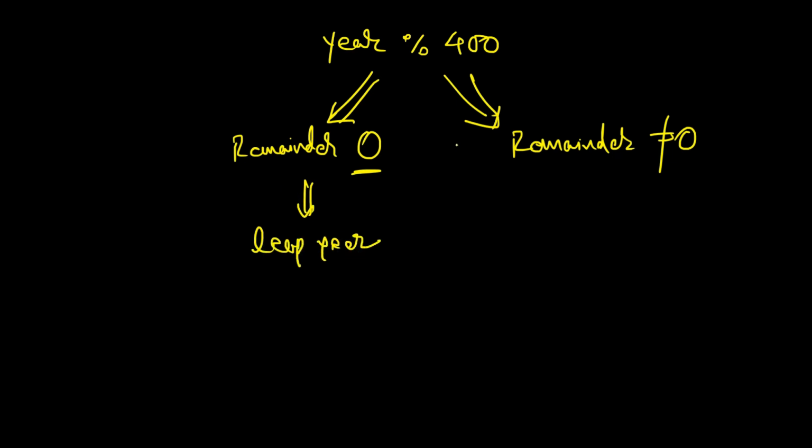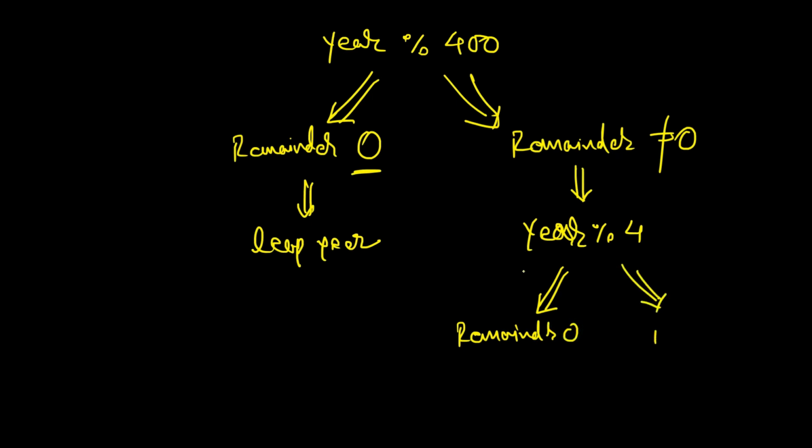If it is not 0, then further I have to divide this year by 4 and check whether the remainder is 0 or the remainder is not equal to 0. If it is not equal to 0, then it is not a leap year, right?